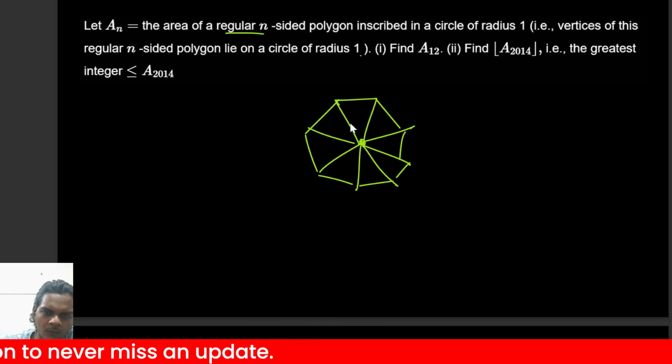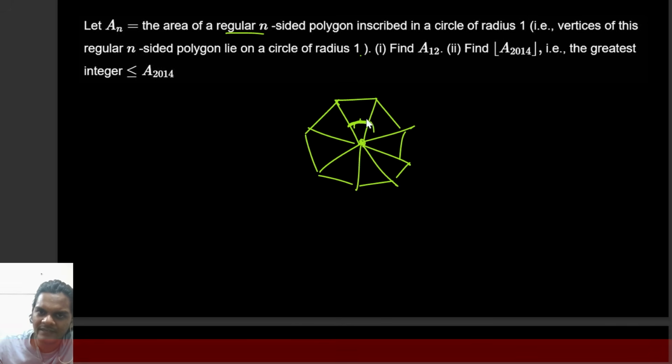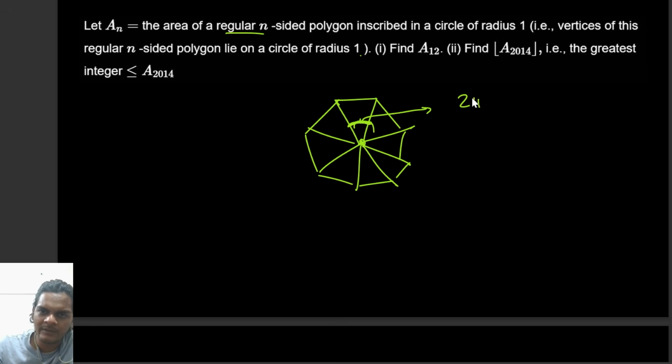What is each central angle? Each central angle happens to be 2 pi by n, because total is 2 pi and I'm talking in radians obviously. So 2 pi total angle divided by n equal parts, right?